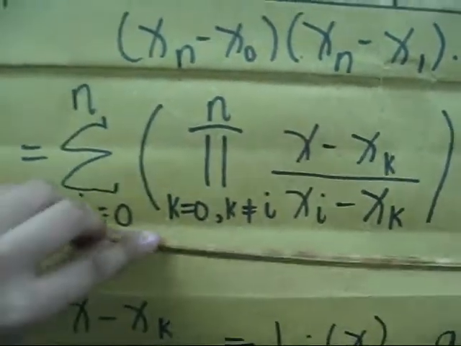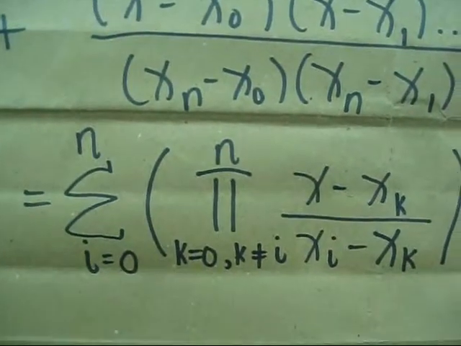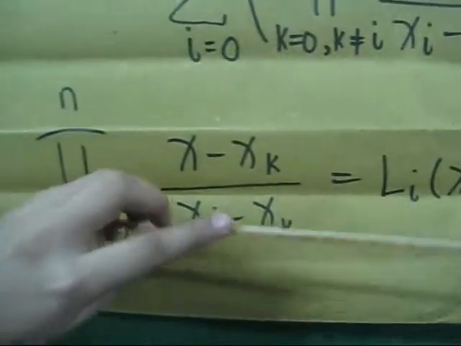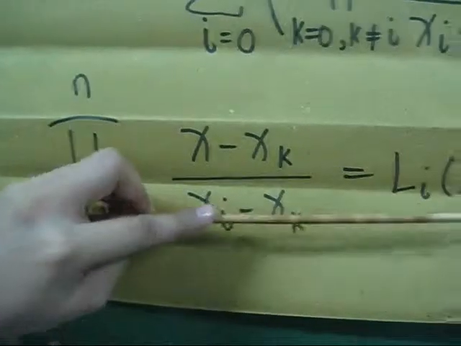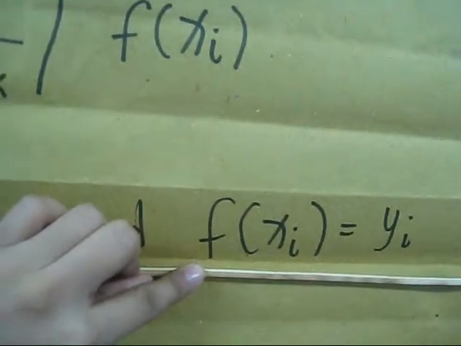So this equation or notation is what we call the Lagrange coefficient, wherein this is equal to L sub i of x, and f of x sub i is equal to y sub i.